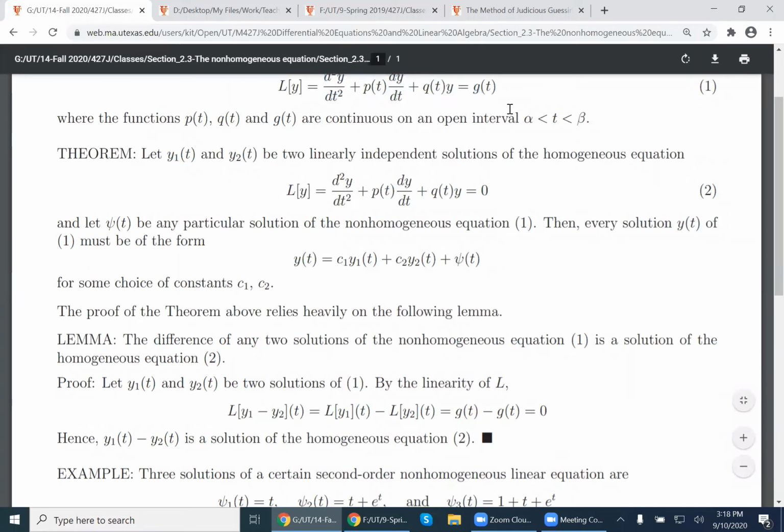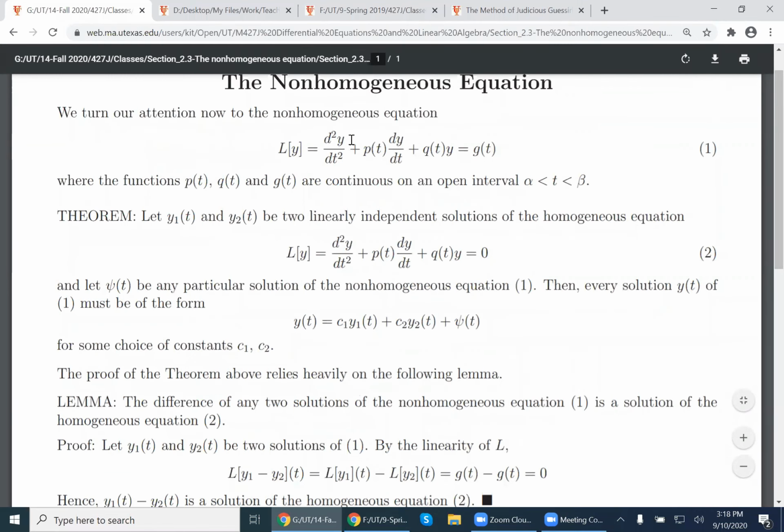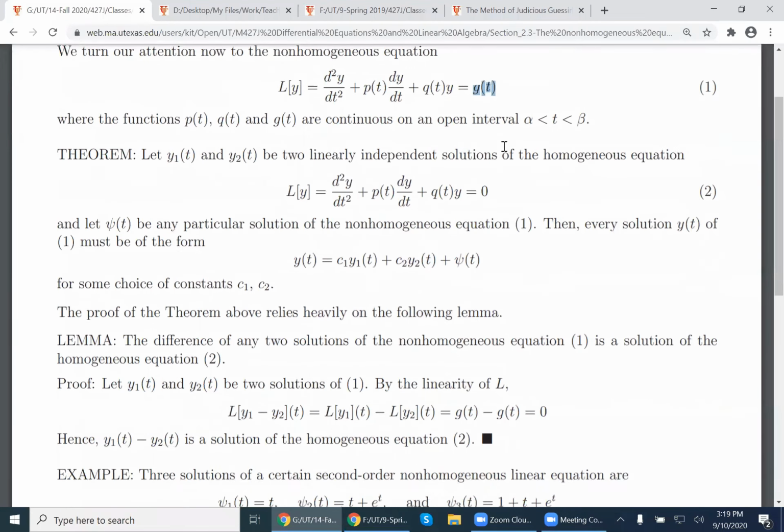Now let us think about what it means that y1 is a solution. A solution means you replace y here, here, and here by y1. You take the derivatives, you simplify on the left, and you get the right-hand side, correct? Oh, yeah, I see.